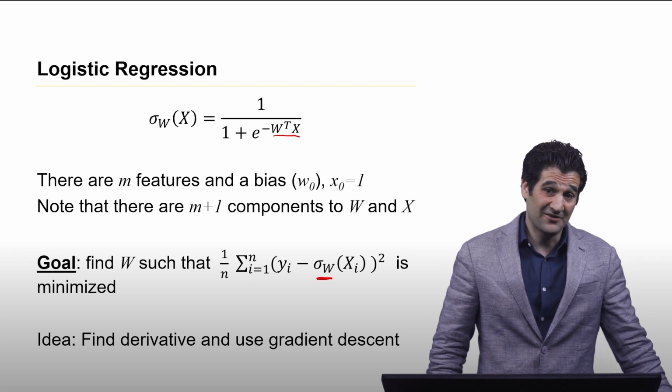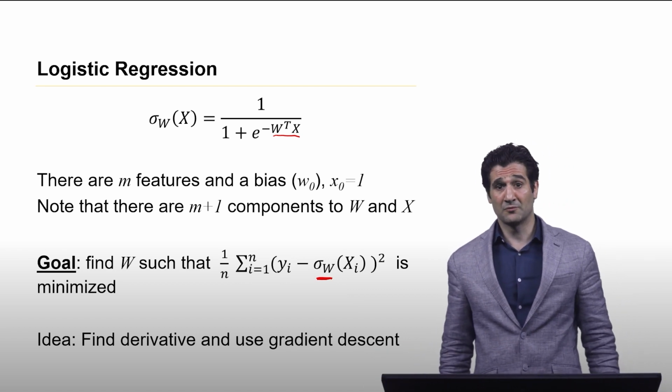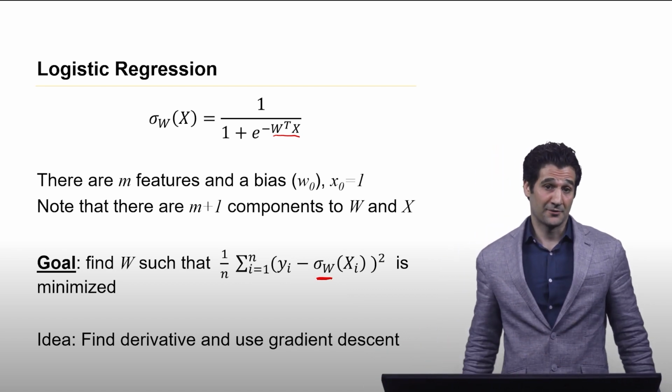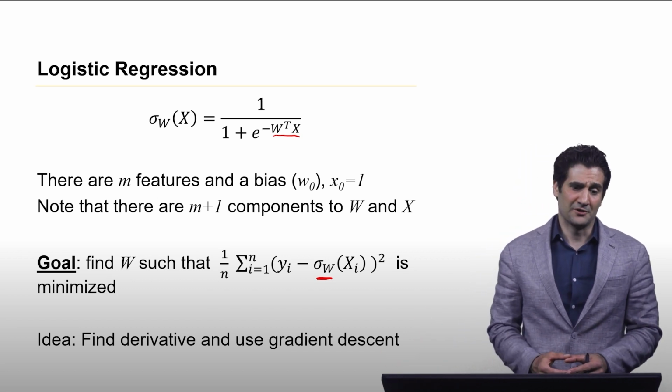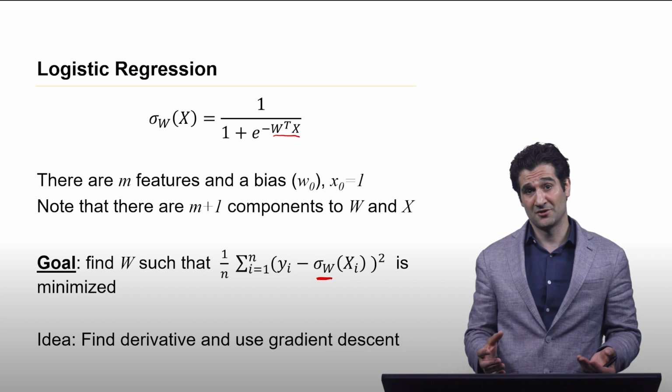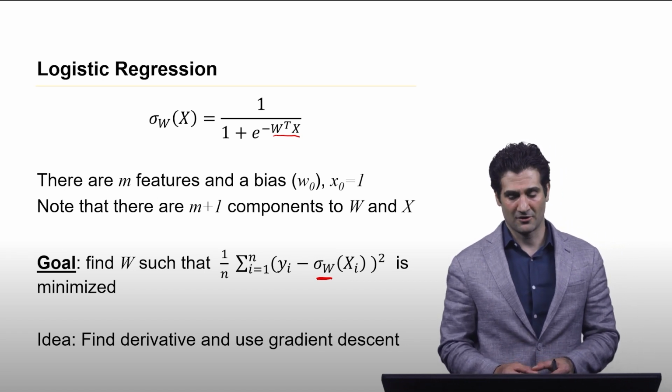Since that logistic function is obviously not linear, this is going to be a little bit more involved to find the derivative. Not burdensomely so, because as I showed you in the previous slide, we know how to find the derivative for a logistic function.